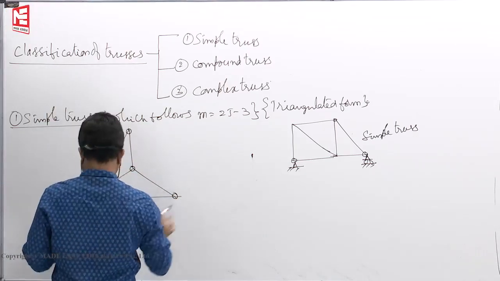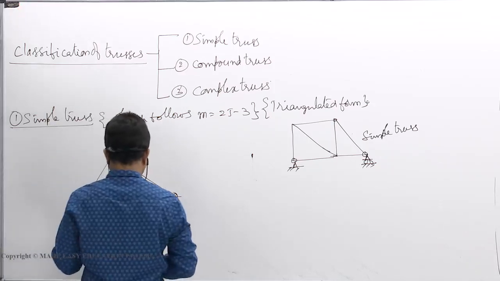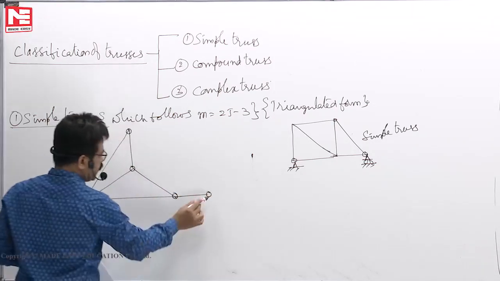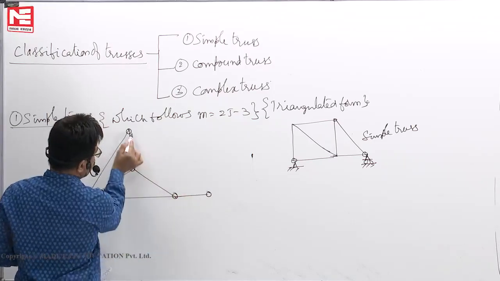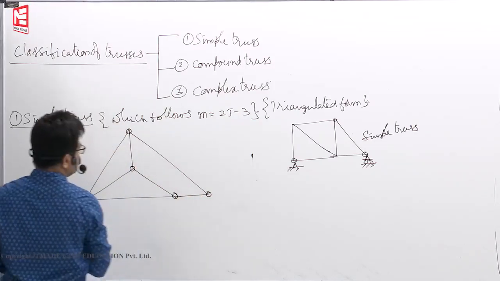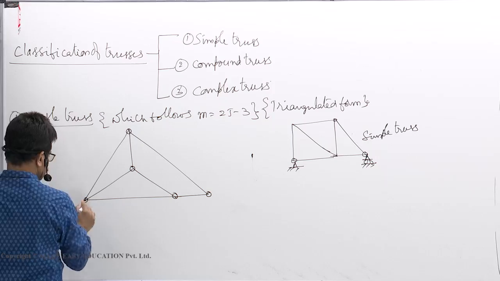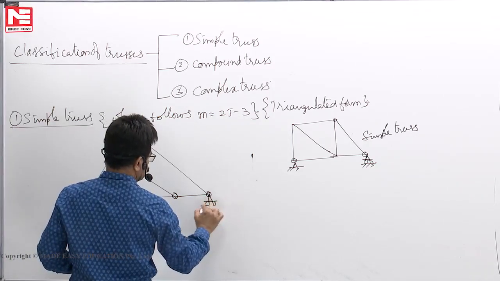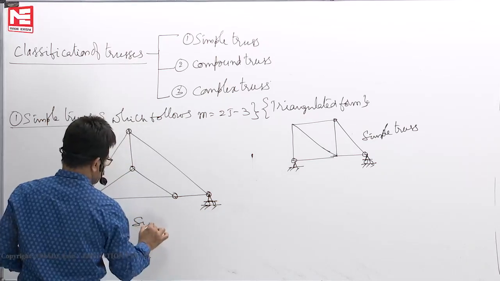Next, you extend this one. One more joint you want to make here. One member here, second member here. Still it is stable only. This becomes simple truss.